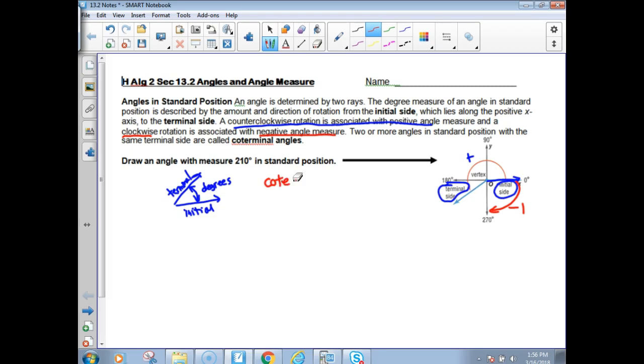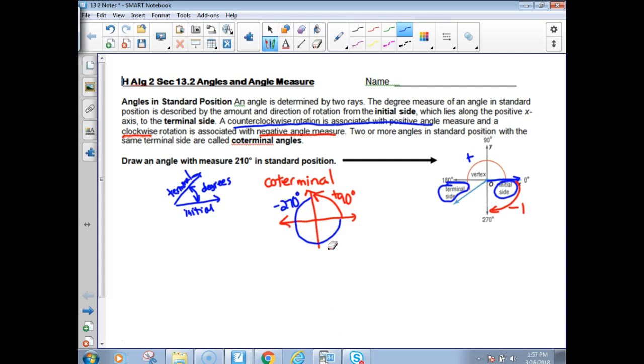Now, I'll show you a picture of some coterminal angles. Say you had an angle that was positive 90. What would be coterminal with it? That's a negative angle. It would be going that way instead, and it would be going to here, which would be 90 plus 90 plus 90, so it would be negative 270.